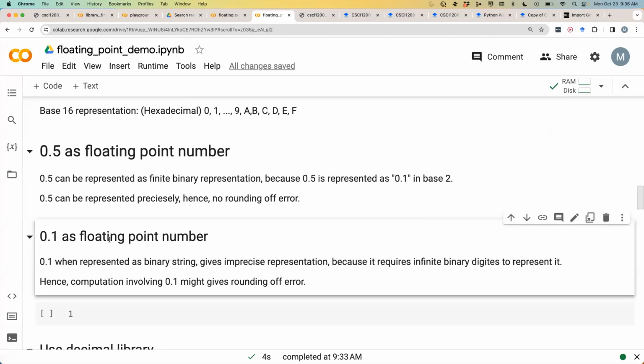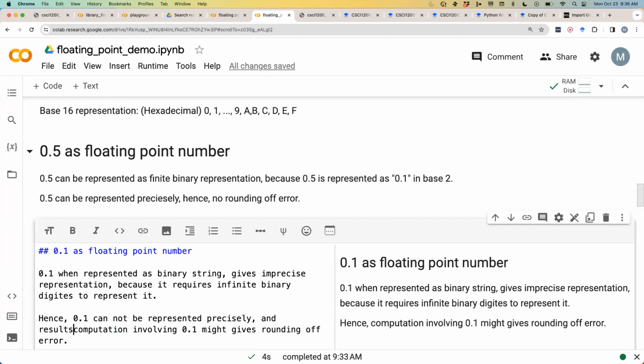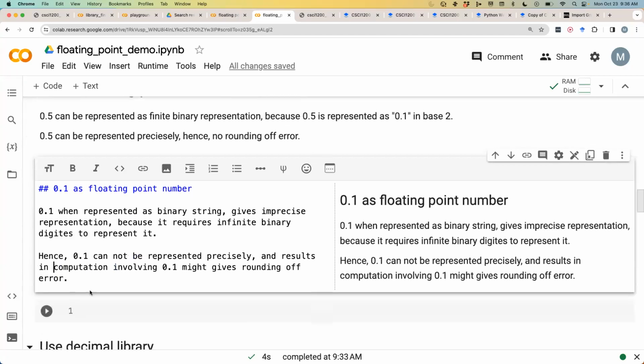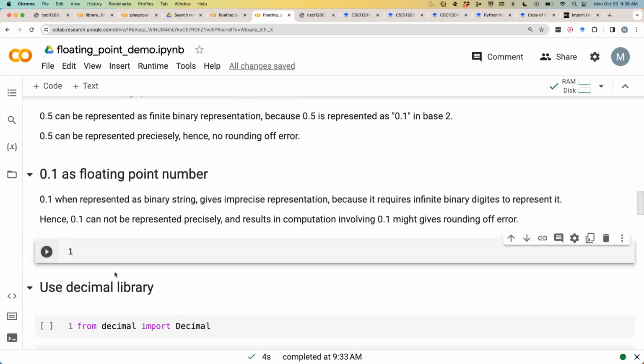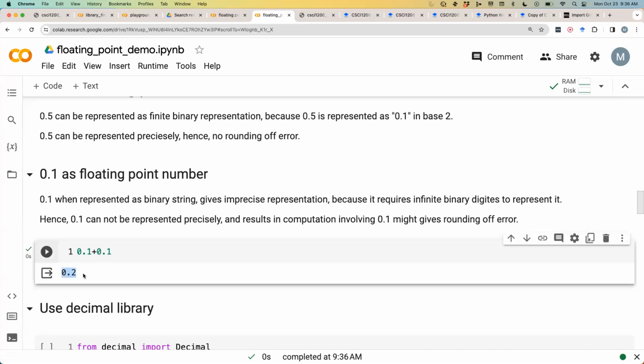On the other hand, 0.1 cannot be represented precisely. And computations involving 0.1 might give rounding off error. Now I say might because sometimes the errors get canceled out. Let's say we have 0.1 plus 0.1. It gives us 0.2. Hey, the error cancels out.